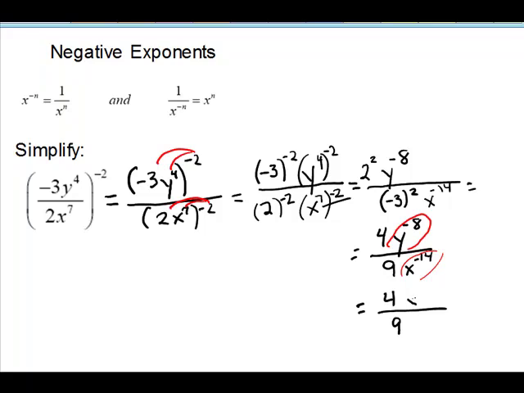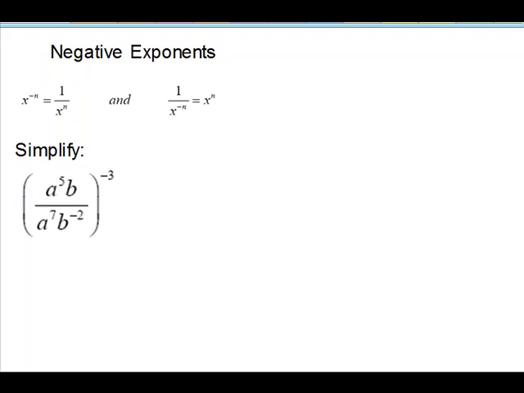So my x is going up, gets a +14, and my y is going down. So it doesn't matter if you use this approach or if you use the first one, which actually moves the entire parentheses for that outside exponent.